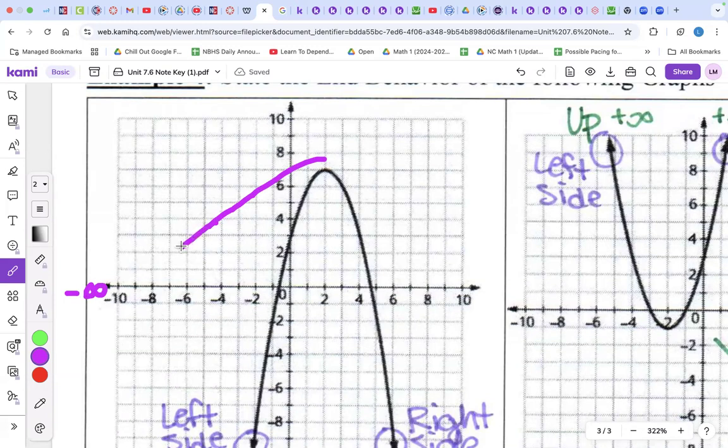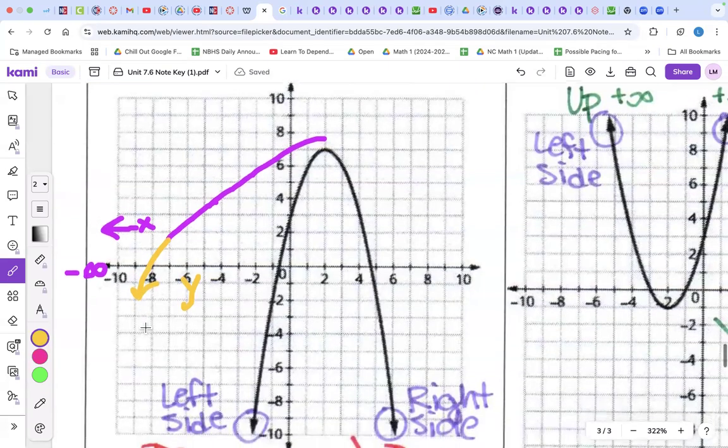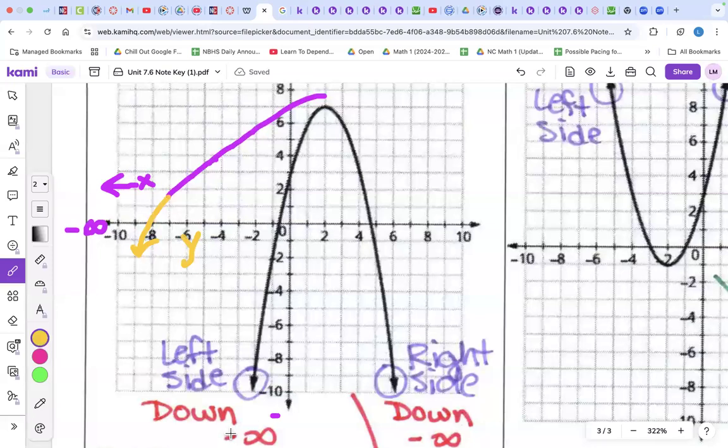It's doing two things at the same time: going that way on x, but also going that way on y. You see it's going down, and because it's going down, it's going towards negative infinity for y. So both of those are going to be the same.